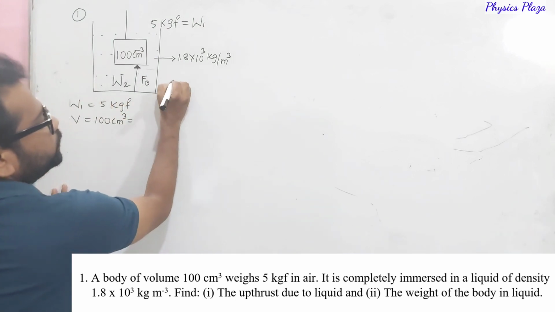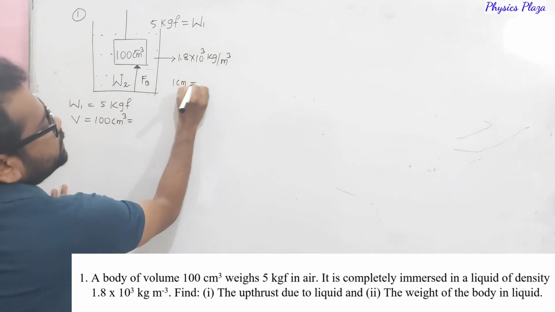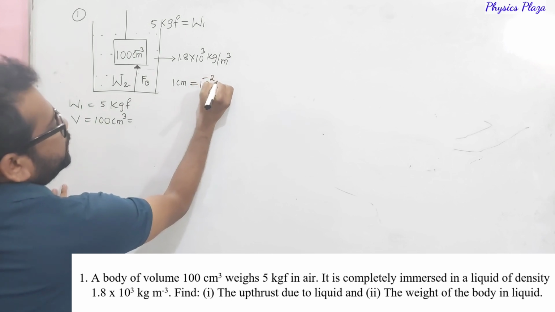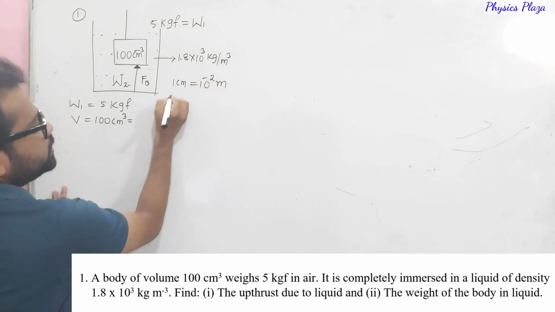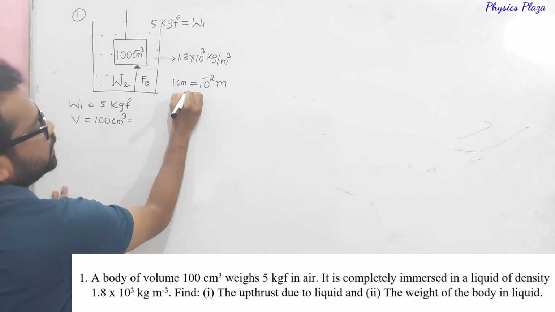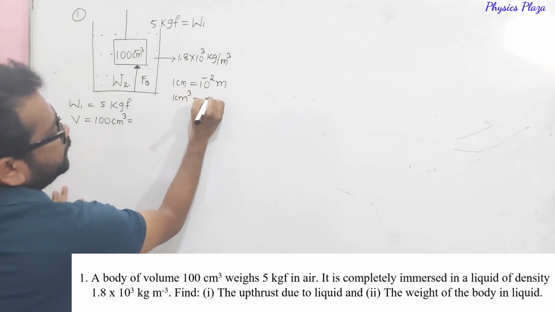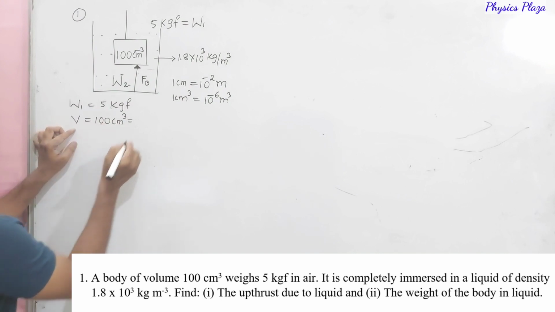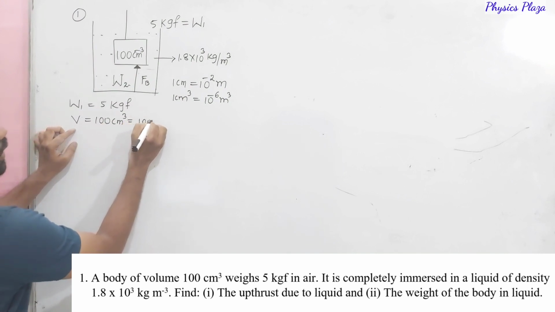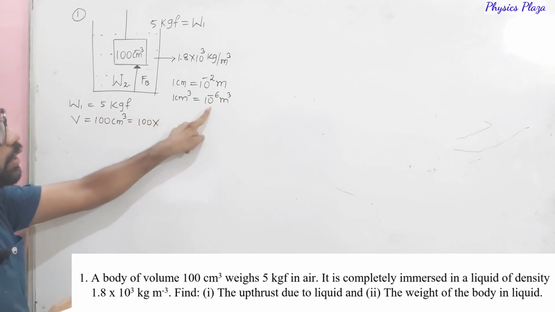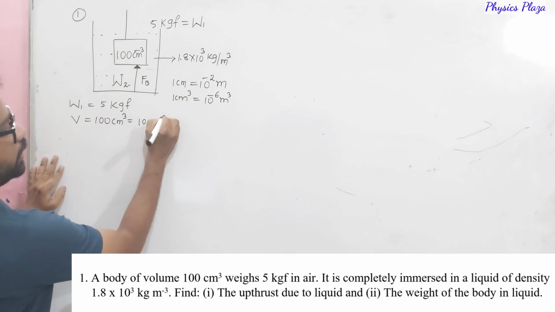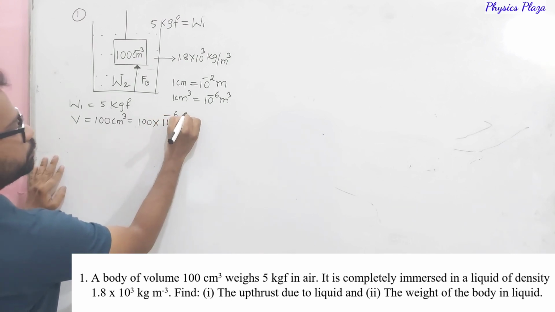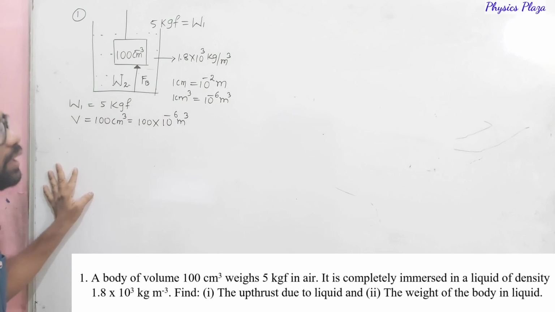We know that 1 centimeter is equal to 10 power minus 2 meters, so 1 centimeter cube is equal to 10 power minus 6 meter cube. Now V is equal to 100 centimeter cube, which can be written as 100 into 10 power minus 6 meter cube. Okay, fine.